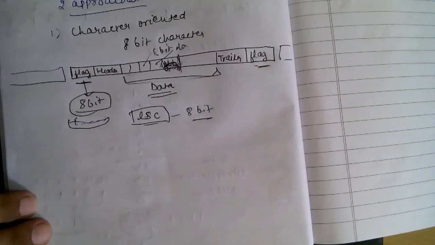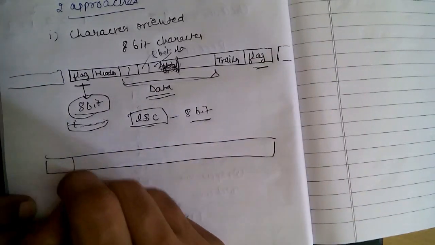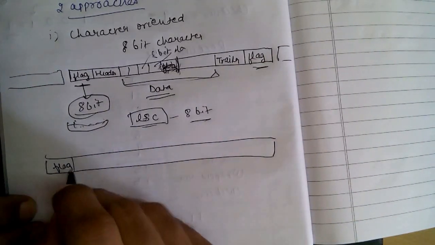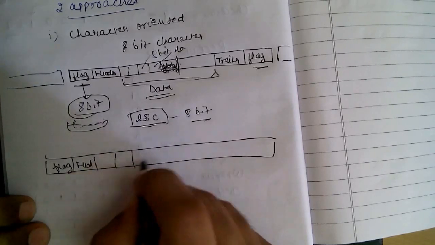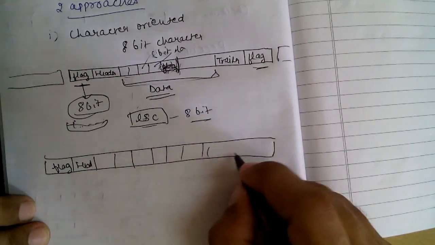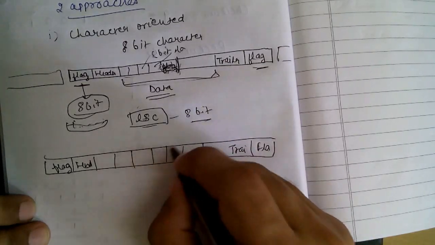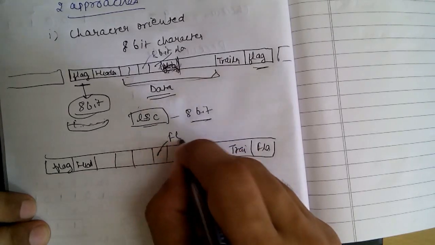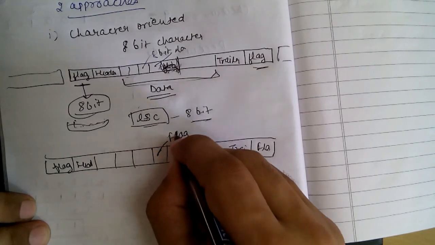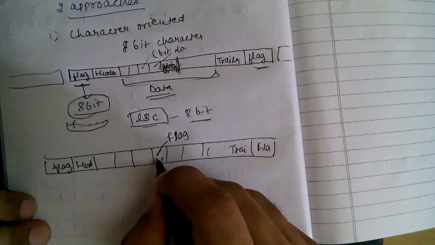So this is our frame: flag, header, data, trailer, and flag. When a repetition which looks like a flag comes in the data, this is actually the data, not the flag representing the end.